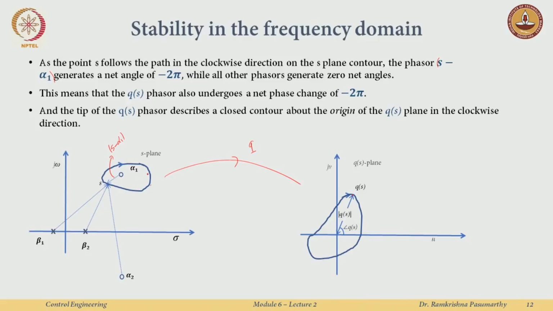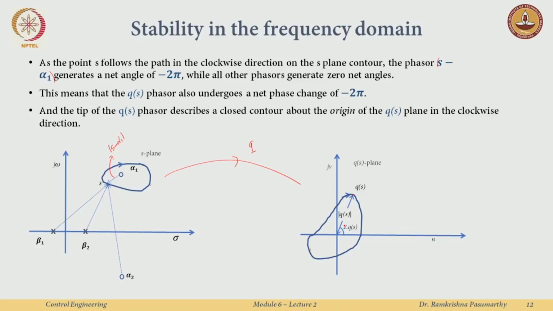I see that this also generates a closed curve in the clockwise direction, and I can measure this phasor and the angle again, just from alpha 1, beta 1 and beta 2.